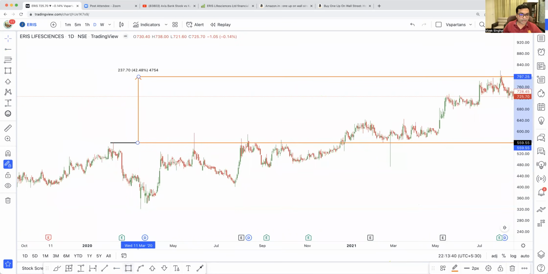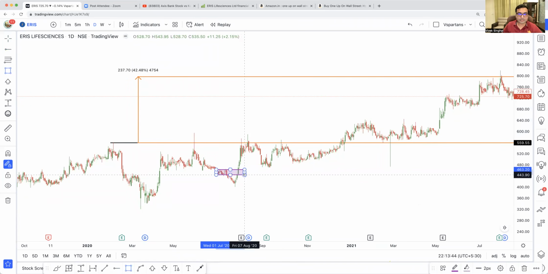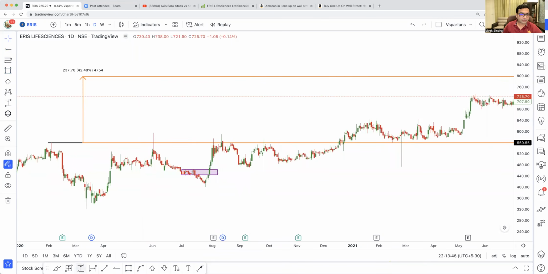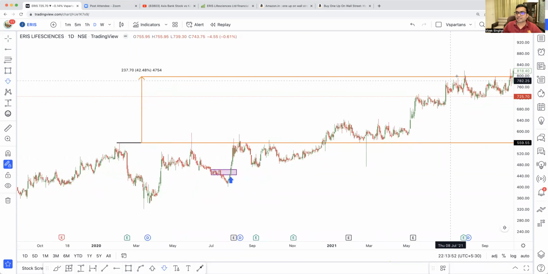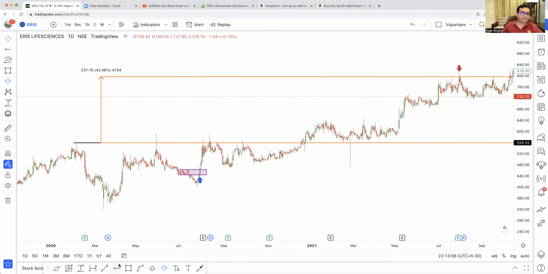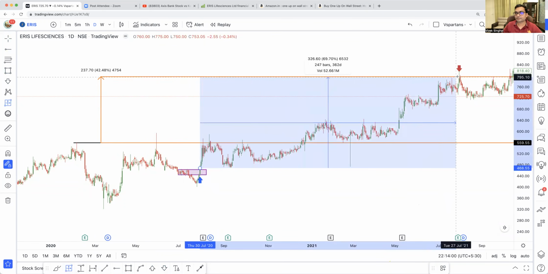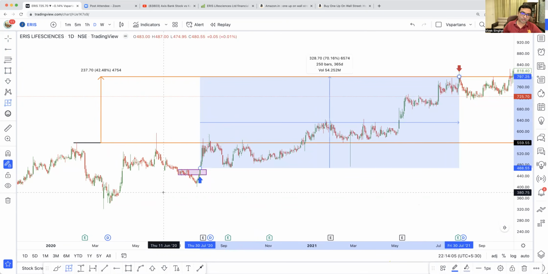So where is the buying point? The buying point was above this range, right? And where is the selling point? The selling point is this, right? So V10 will be applicable between this period. Before this, we will not apply V10, and after this, we will not apply V10.